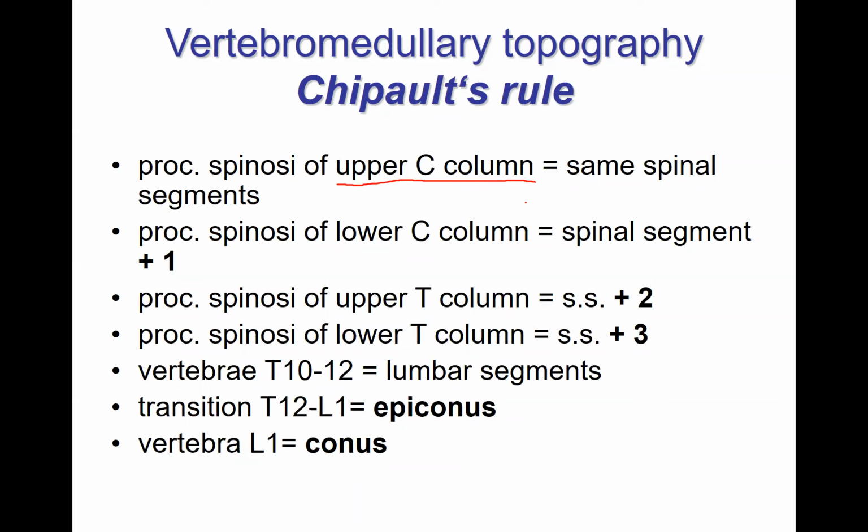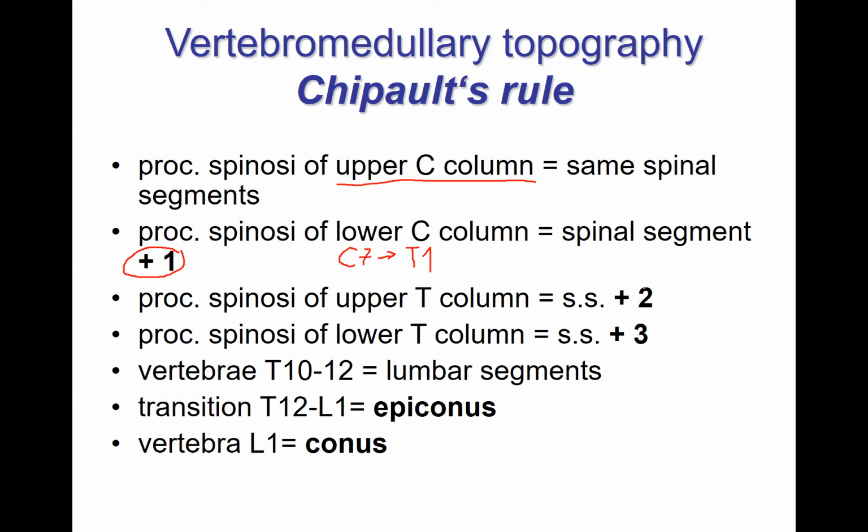If you have axis, inside axis you can find segment C2. But if you go down to C7, you have to add 1. So at the level of C7, the segment will be T1.